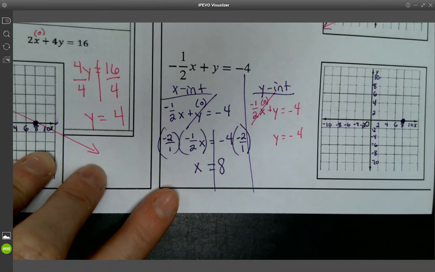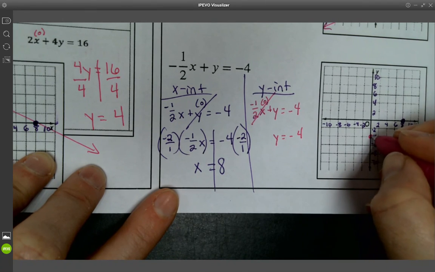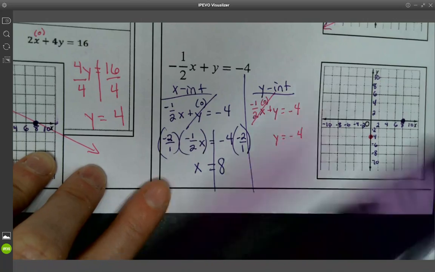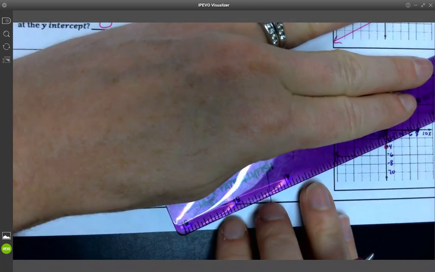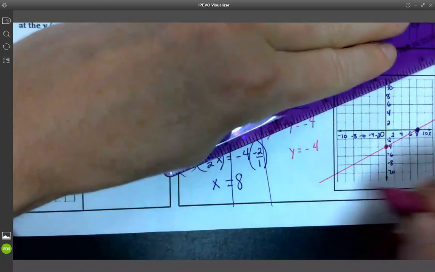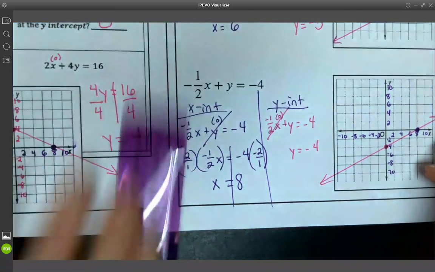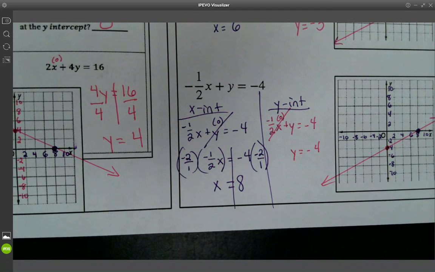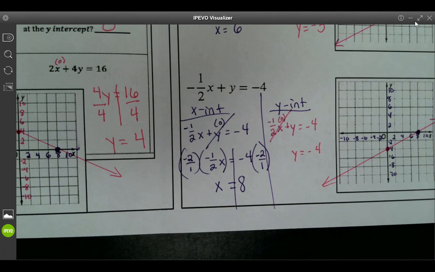Then plot your x and y intercepts. Go ahead and glue this in the next page of your journal.